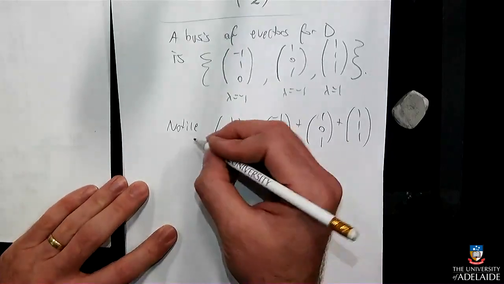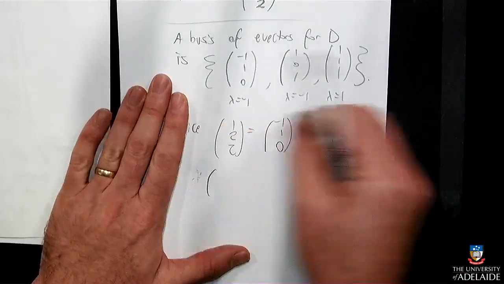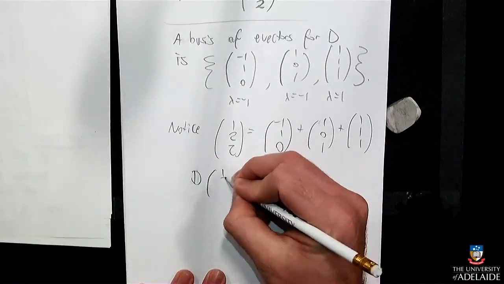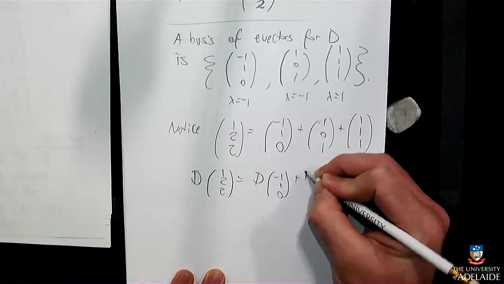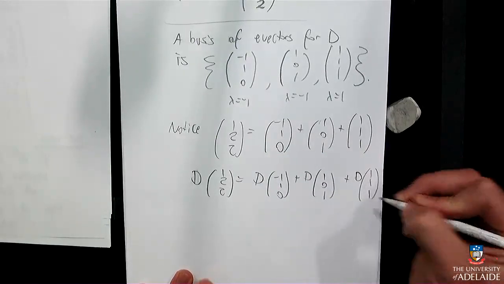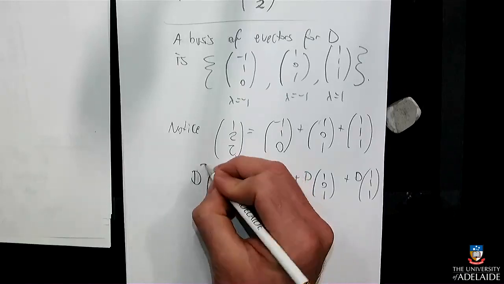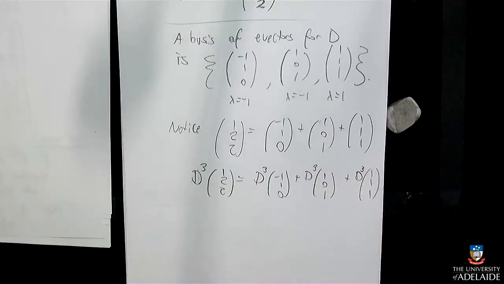Okay, which means that A times D times 1, 2, 2 is D times minus 1, 1, 0 plus D times 1, 0, 1 plus D times 1, 1, 1, because that's how matrix multiplication works, and it works perfectly well with the D cubed as well. And I know that D times this is minus 1 times this.